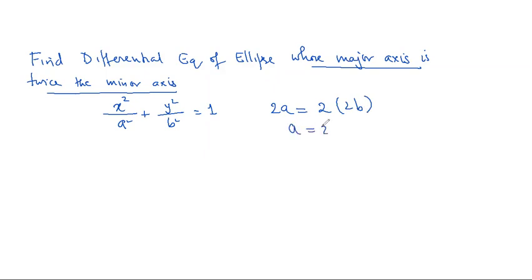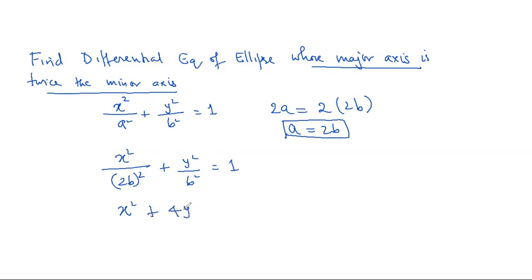So a is 2b, which means instead of a, I can write 2b. So from this I can say x square upon 4b square plus y square upon b square is 1. So I can say x square plus 4y square is 4b square.